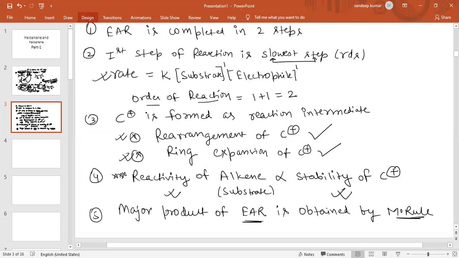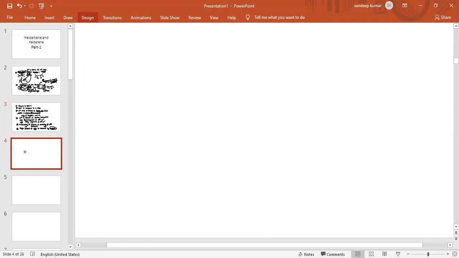Now we will discuss the Markovnikov rule. We are discussing the preparation of haloalkanes. In the preparation of haloalkanes, first we discuss the electrophilic addition reaction, and then the Markovnikov rule.